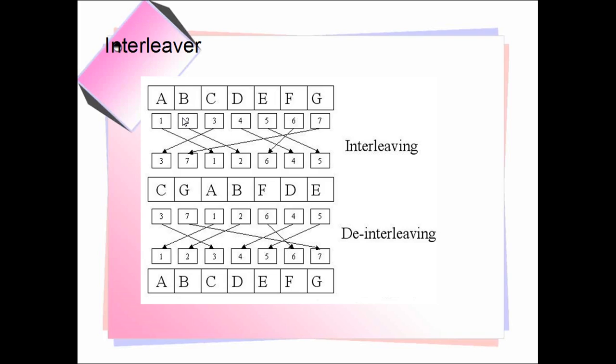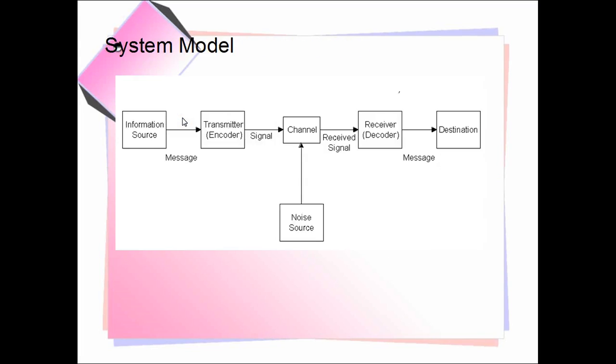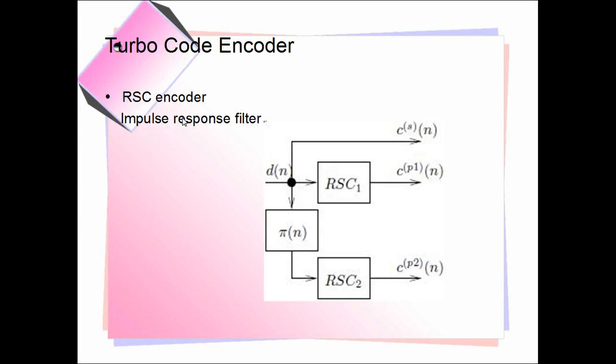Now let's talk about the interleaver. Let's go back to the turbo code encoder. Here we have a block named pi of n, which is the position of this part.